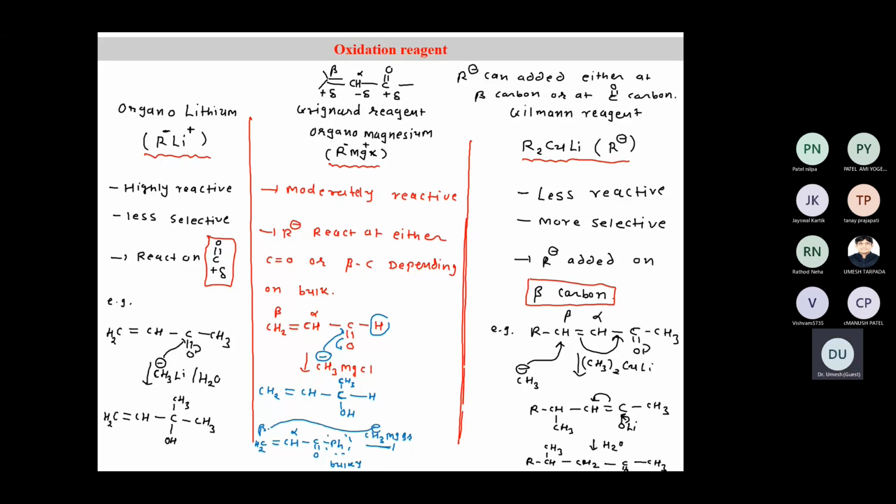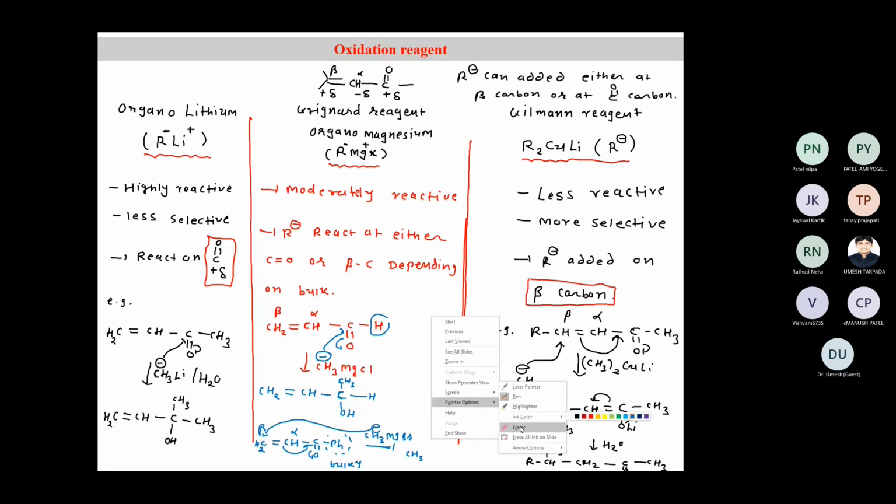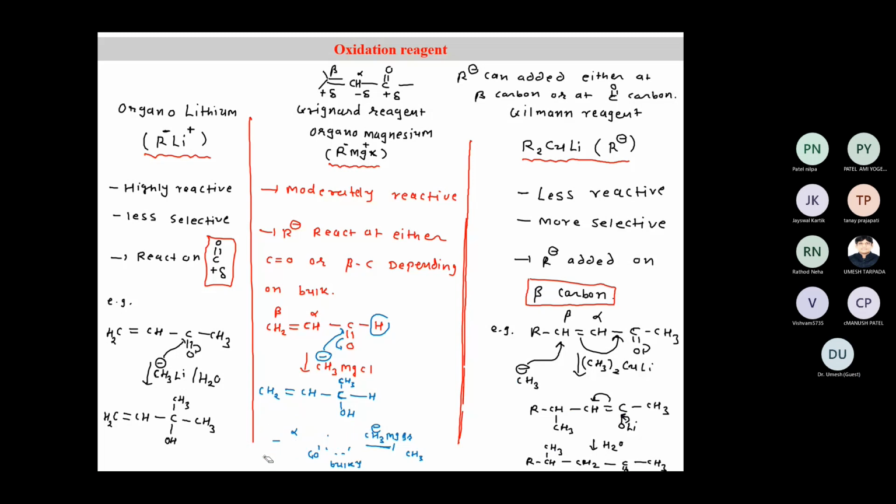CH3 minus is added on the beta carbon. So if you have bulk, then CH3 minus is added at the beta carbon.